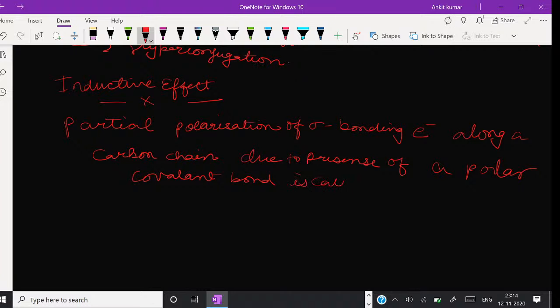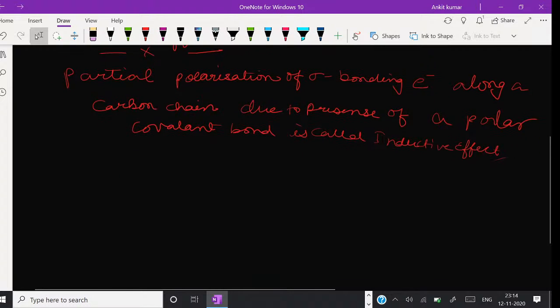This is called inductive effect. So you need to understand here what a polar covalent bond is.